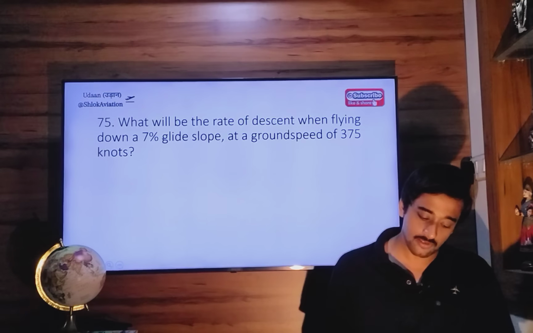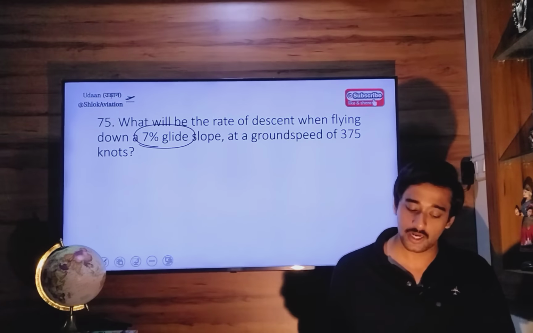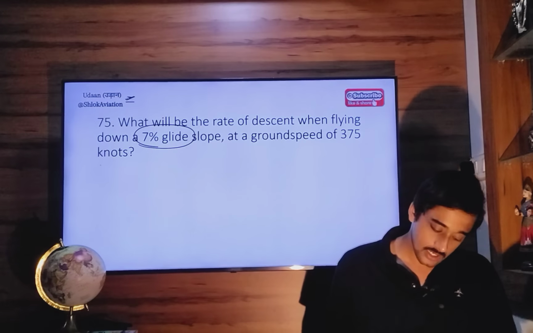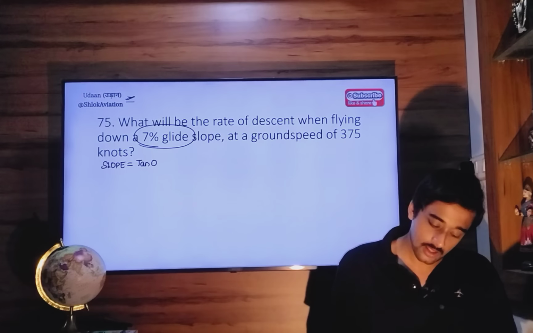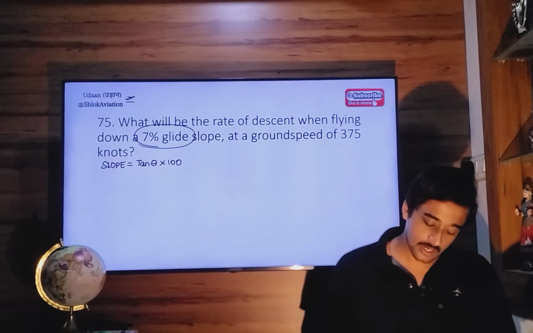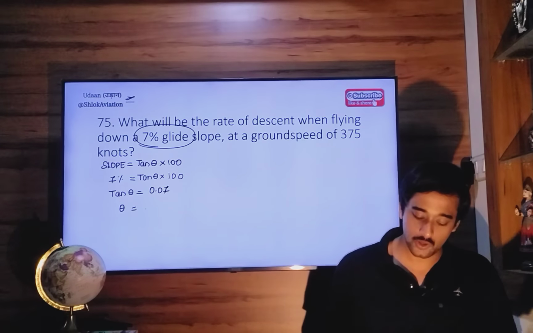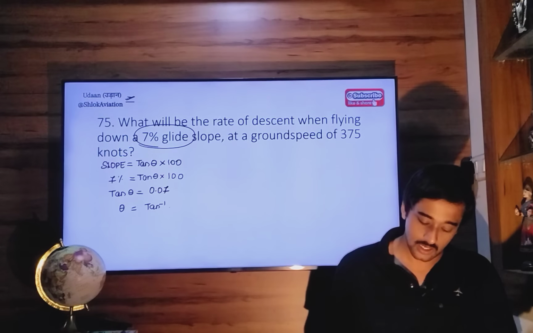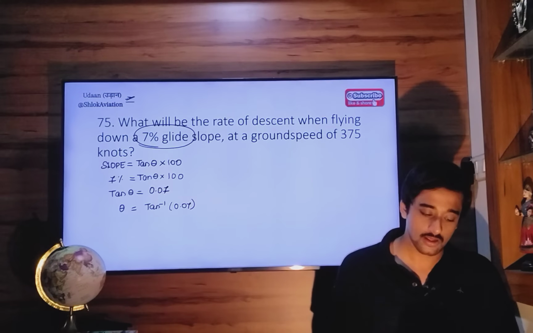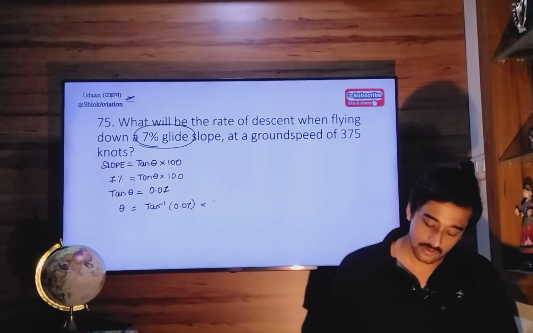What will be the rate of descent when flying a 7% glide slope at a speed of 375 knots? So glide slope equals tan theta into 100. So 7% equals tan theta into 100. So tan theta equals 0.07. Theta will be equal to tan inverse 0.07, which amounts to 4 degrees.